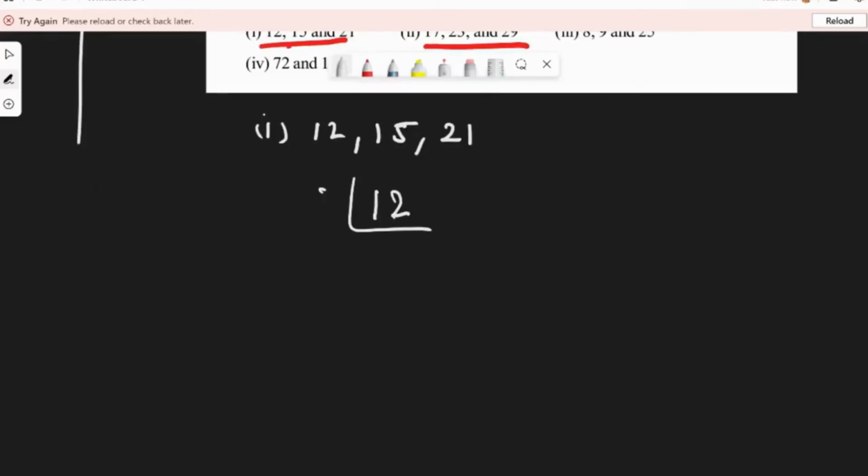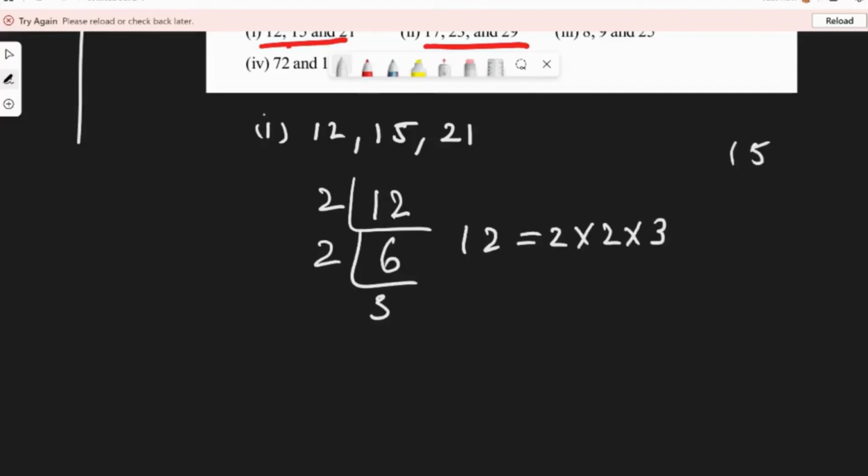Prime factorization of 12 is 2 times 6, and 6 is 2 times 3. So 12 is equal to 2 into 2 into 3. And 15 will be 3 into 5. And 21 will be 3 into 7.